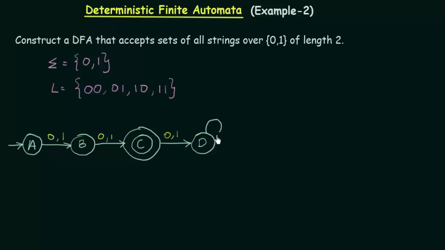So I give a self loop to state D, saying that whether I get input 0 or 1, it stays in state D itself.